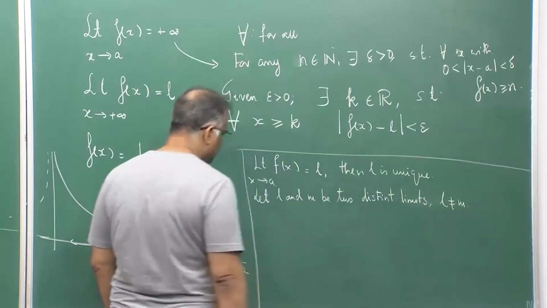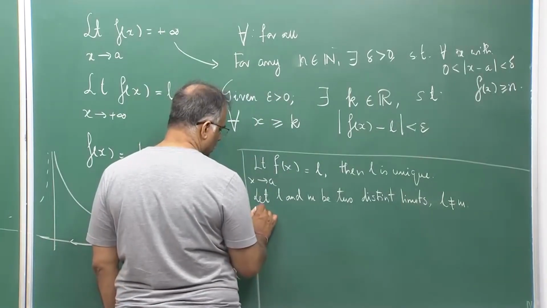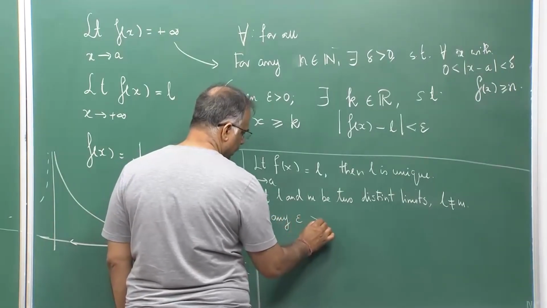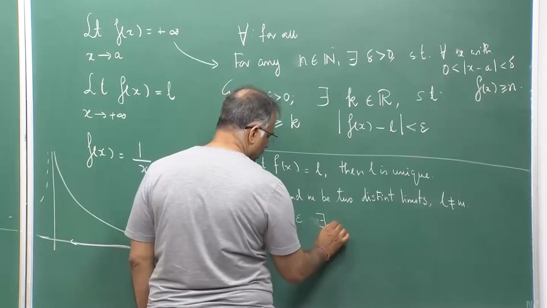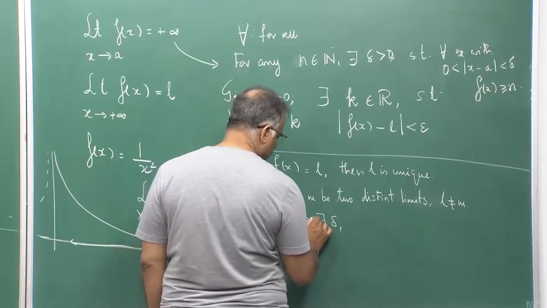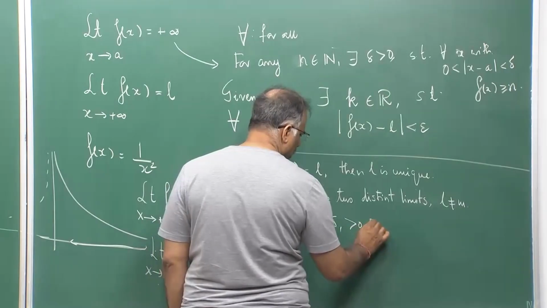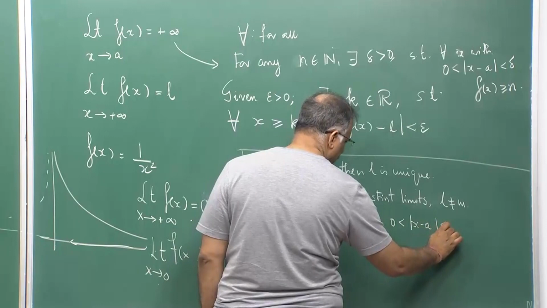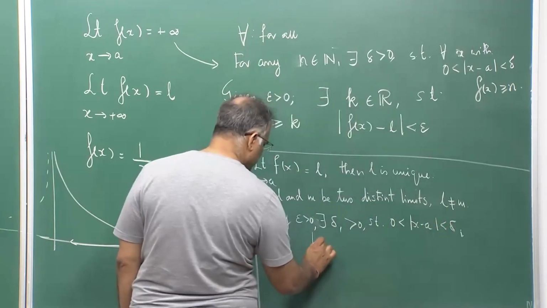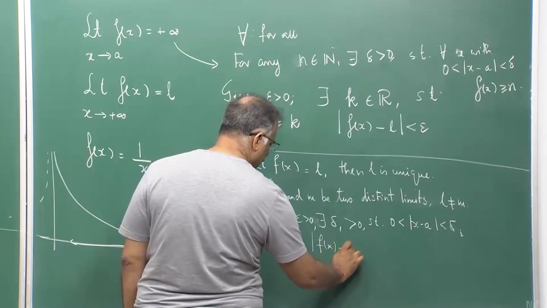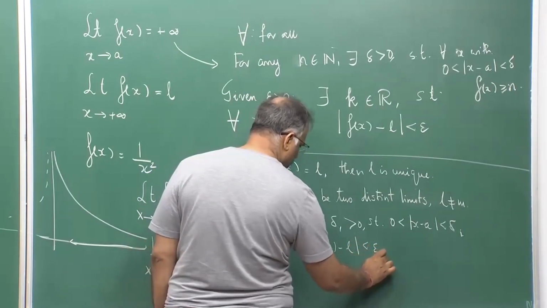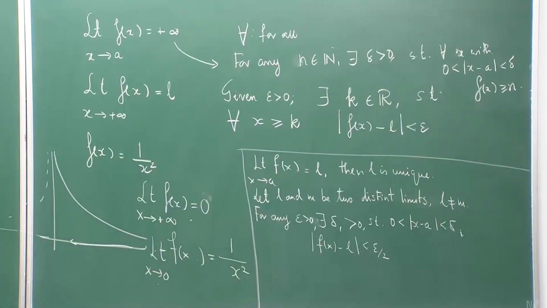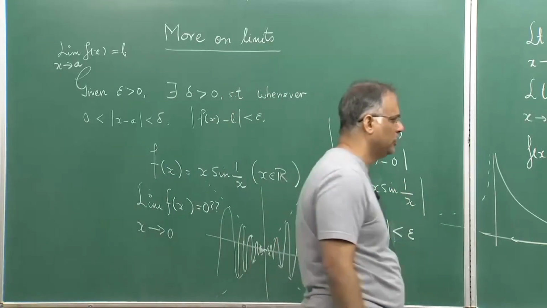So now what I do, for any epsilon there exists delta 1 greater than 0 such that whenever x is lying here, I have |f(x) minus L| less than epsilon by 2. Right. So this delta 1 is a delta 1 corresponding to epsilon by 2.